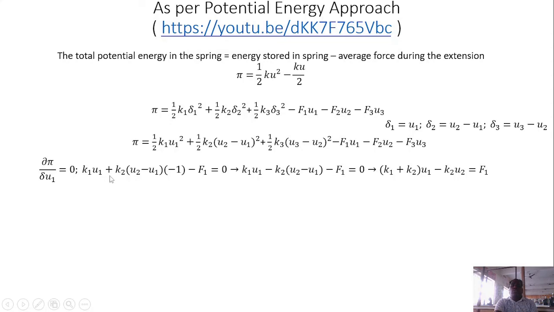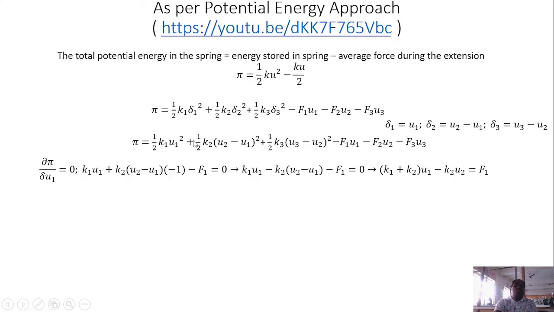which can be represented with K1 into U1 square. So here x power n is equal to n into x power n minus 1, which can be converted as 2 into U1. So I can eliminate 2 by 2 is equal to 1, so that I can get K1 into U1 plus K2 into U2 minus U1, the term we can constantly keep.